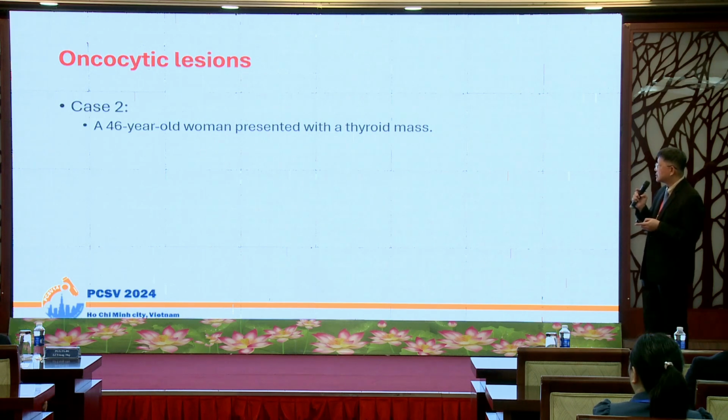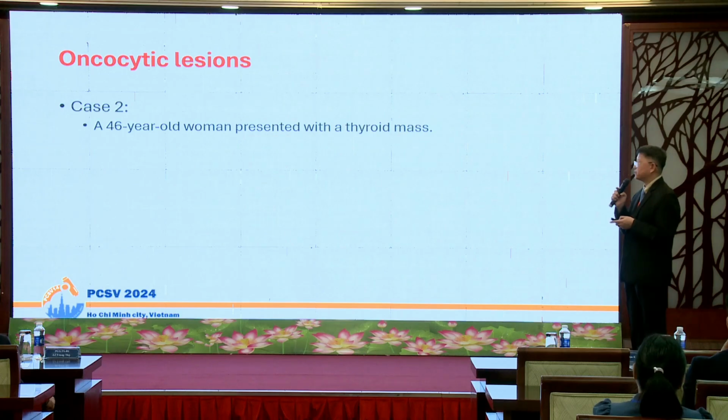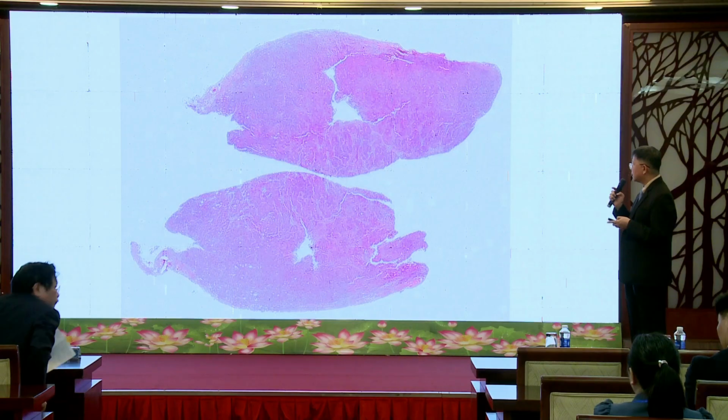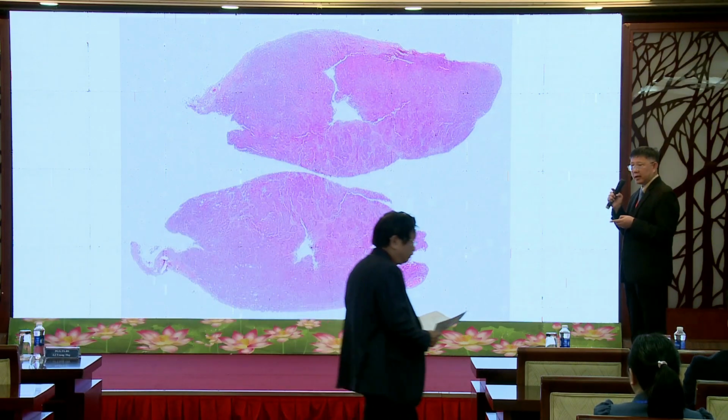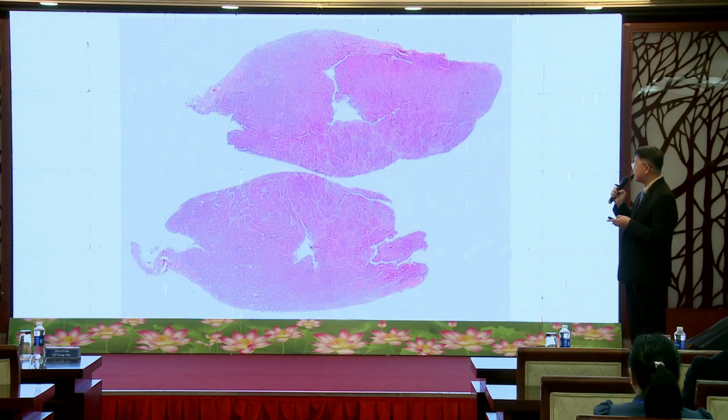Okay, next is the second case. This is a 46-year-old woman presented with a thyroid mass. This is another oncocytic lesion. Here is the tumor, arising in the thyroid gland.